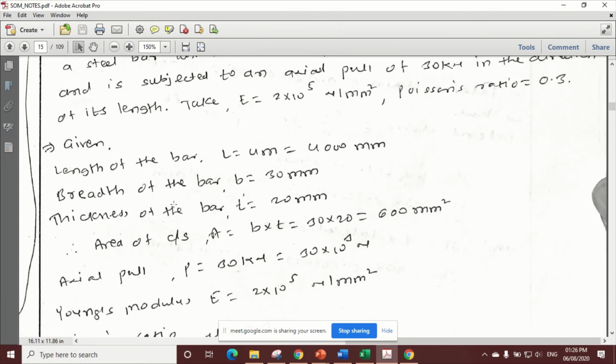So this is given to you. Length is 4000 millimeter, width is 30, thickness is 20. Area will be, in this case this is the area, so we'll draw the diagram here.